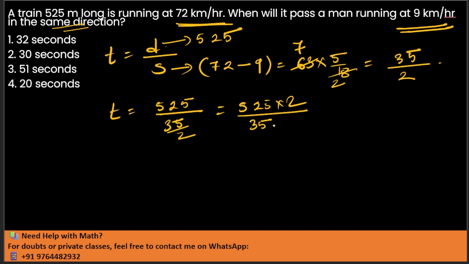So if I take 5 sevens are 35, so 1 time and 0 5, right? So with 7 it will be 15. So time is equal to 15 multiplied by 2, it is 30. So option second, 30 seconds.